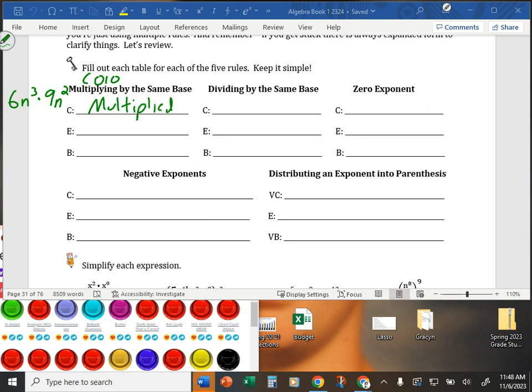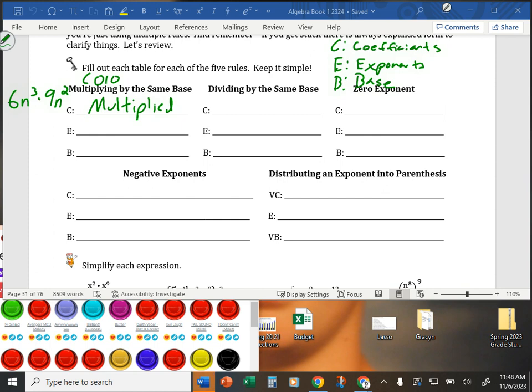I should give you a little key to my notes here. C stands for coefficients. E stands for exponents. And B stands for base. The same charts that we filled out rule by rule through the unit. Now they're just all in one happy little place for you. What happens to the exponents when you multiply by the same base?